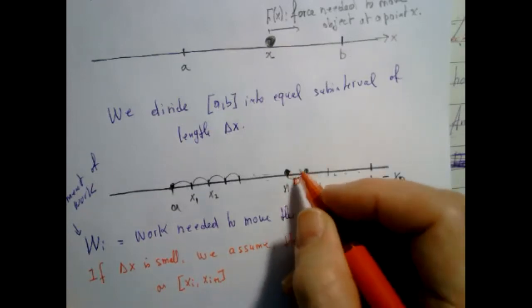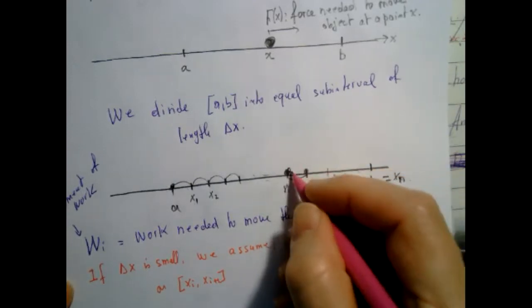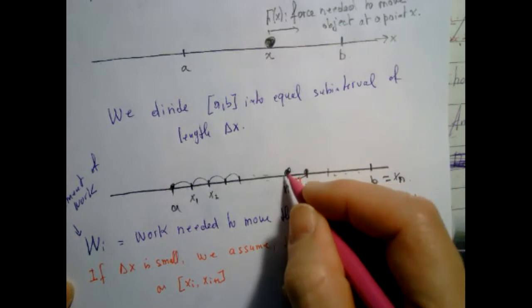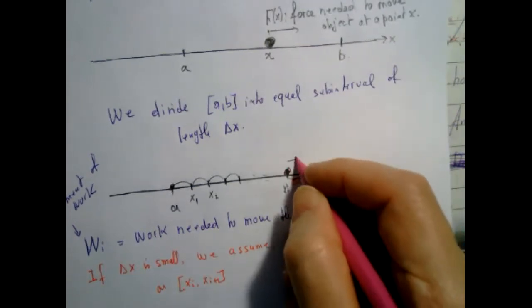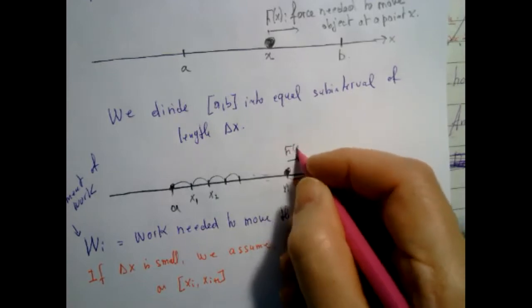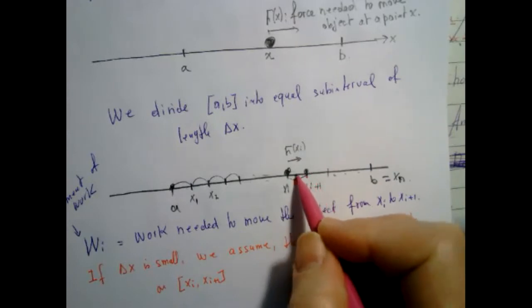If delta x, so I'm moving this, imagine anything, I'm moving this little object from here to here. When the object is here, I need a certain force, f of xi, to move it. When it's here, my force is changing.